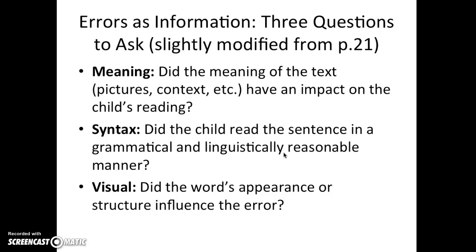So if we go back here, we're thinking a bit about what it is that might make the child say kitty instead of cat. One easy way to do this: the syntax test is actually quite simple. It's whether or not, even with the substitution, the child read the sentence in a grammatically and linguistically reasonable manner. That is, does the sentence still make sense in English as a result of the error, right?